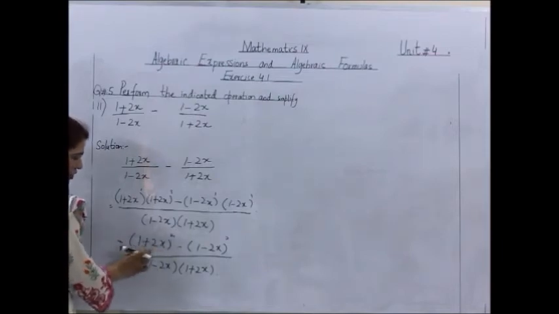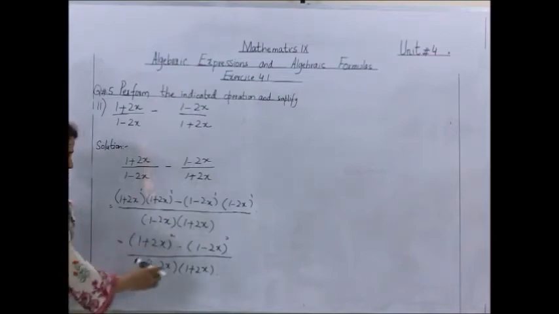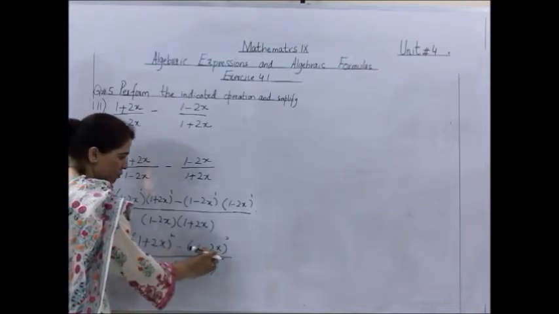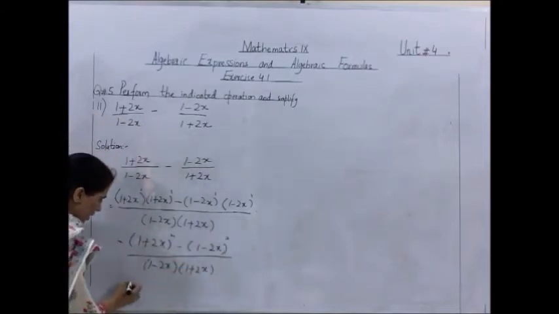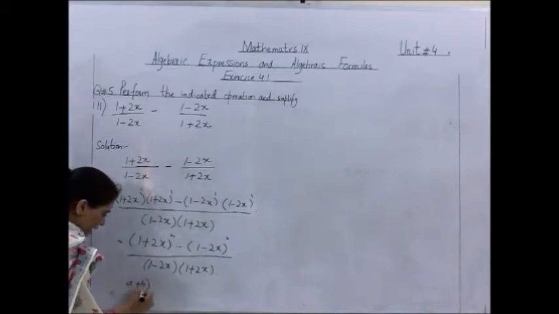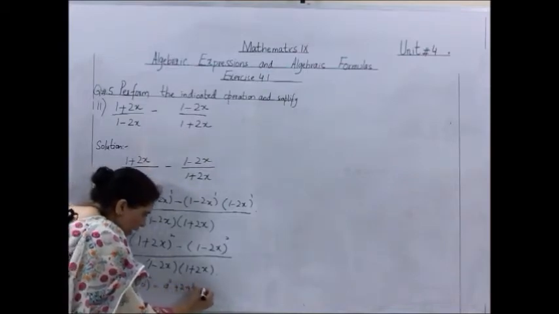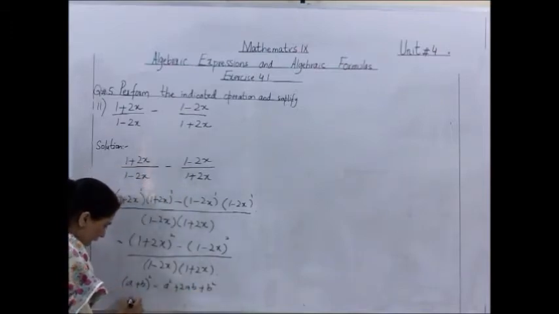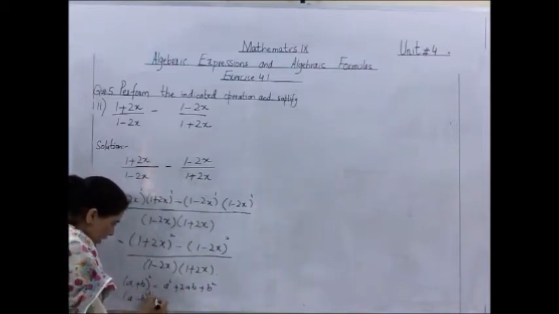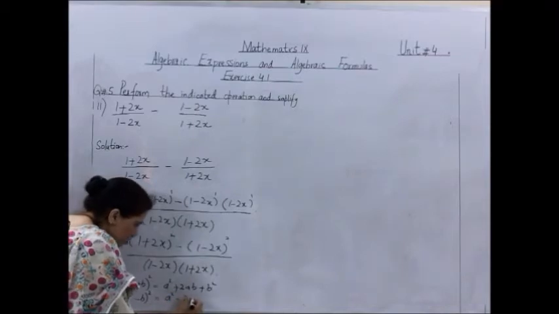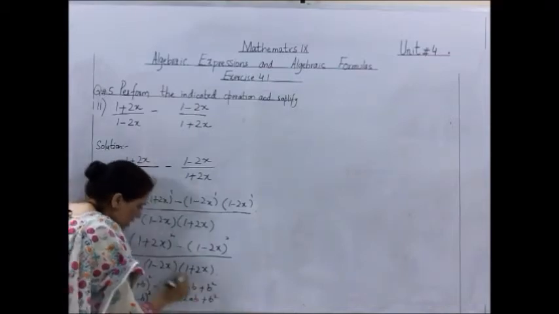Which formula will we use here? A plus b whole square, and here we will use a minus b whole square. And we know that a plus b whole square is a square plus 2ab plus b square, and a minus b whole square is a square minus 2ab plus b square.